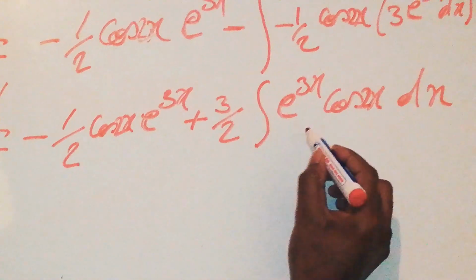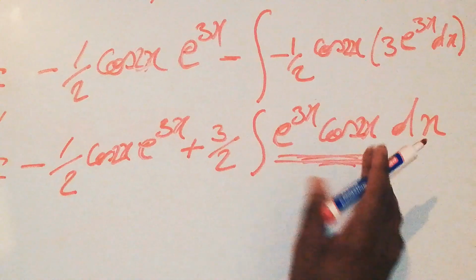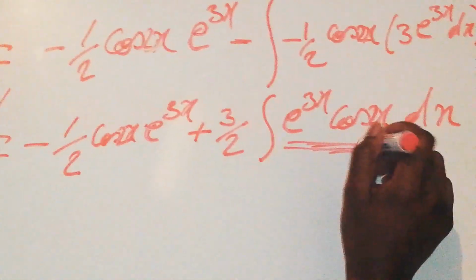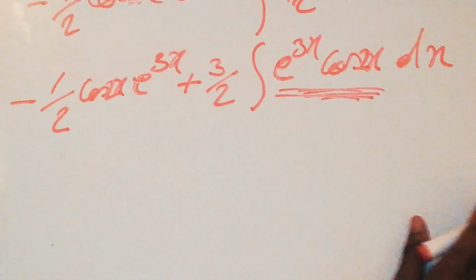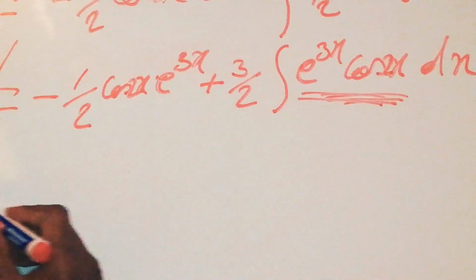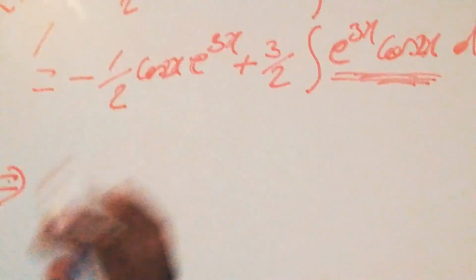So this time I'm gonna focus on this spot, because this one is almost bringing me back to that one over there. So if I focus on that one, I'm gonna use the same principle. So I come here, integration by parts again.